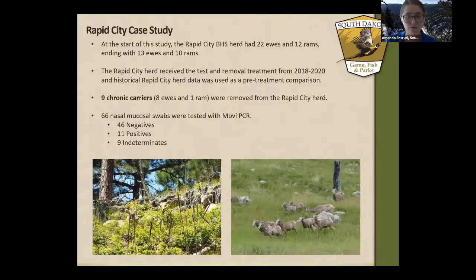All known carriers have been removed, and each individual in the herd has been tested at least twice. During the course of the study, we had 66 nasal mucosal swabs that were tested with MOV PCR. That resulted in 46 negatives, 11 positives, 9 indeterminates.